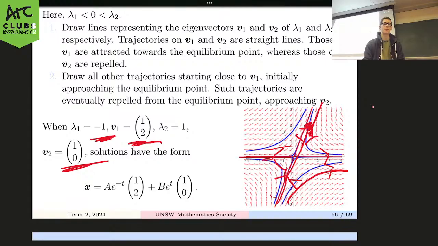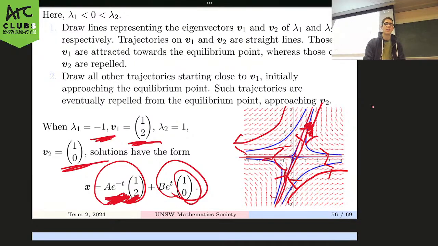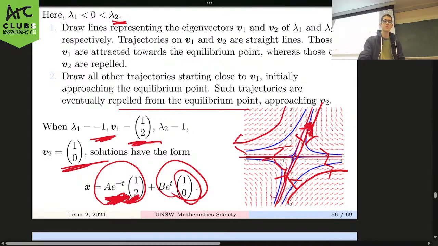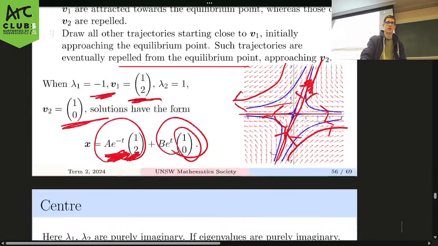We're approaching the positive one because the term with the negative eigenvalue, in the linear combination of solutions, goes to 0, and then this one dominates, so we approach this direction no matter where we're starting. Okay, so draw your trajectories for these types of questions, and in this case, you want to eventually point towards the direction corresponding to the second eigendirection. Okay, so hopefully you can see the pattern we're developing here.